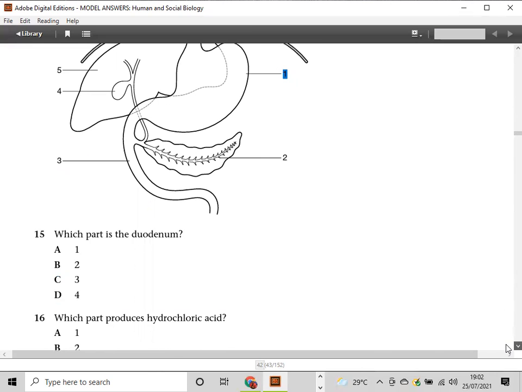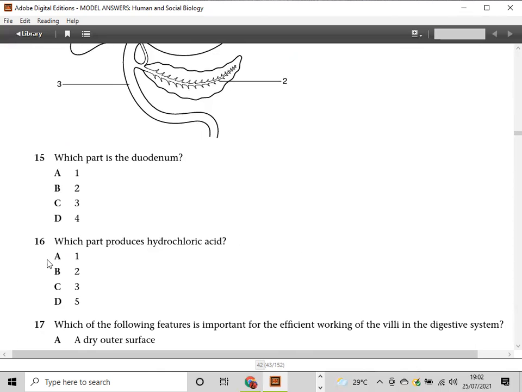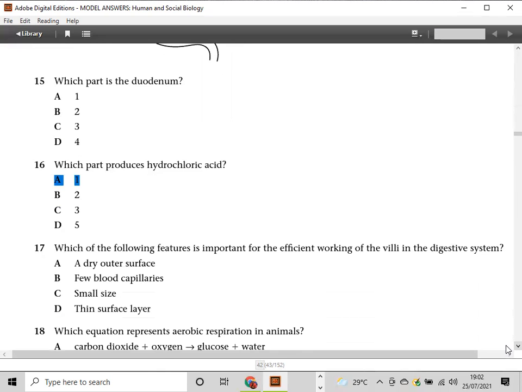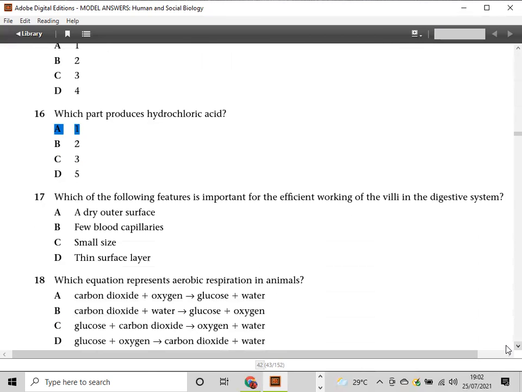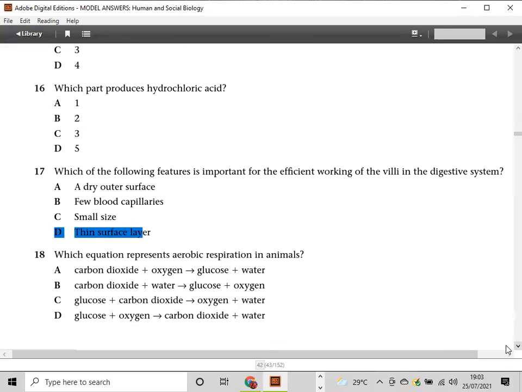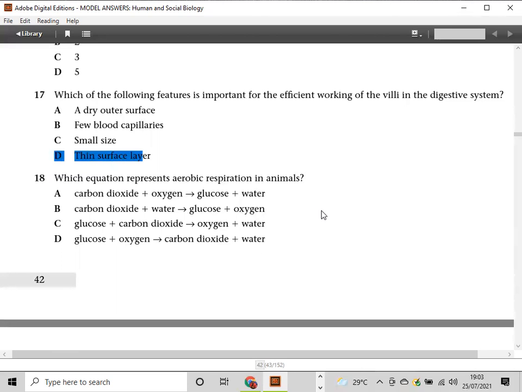So the stomach is 1. So 16 is 1, that's produced in the stomach. 17. Which of the following features is important for the efficient working of the villi of the digestive system? Number 17 is B. Guys, I'm just going to underline the answer, right? I'm going to 18.